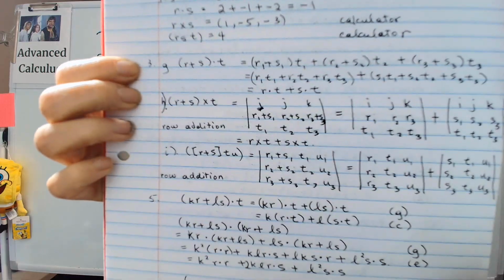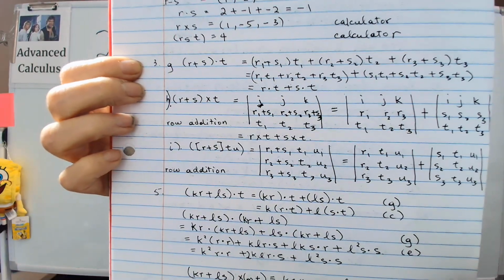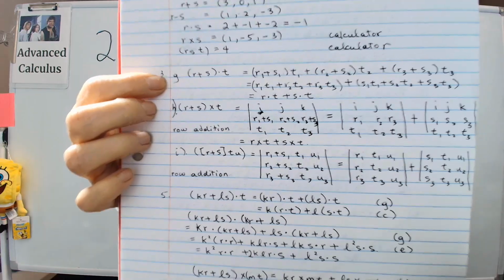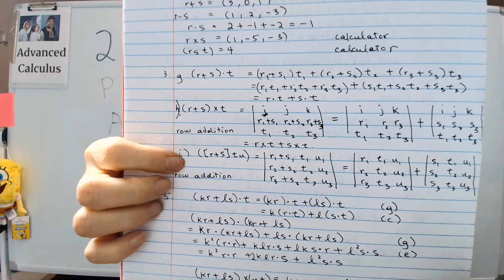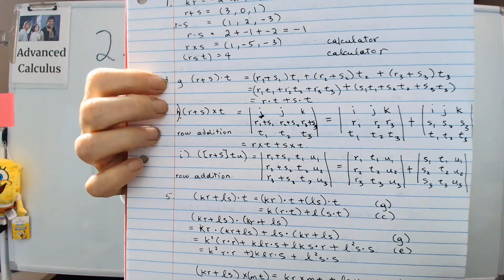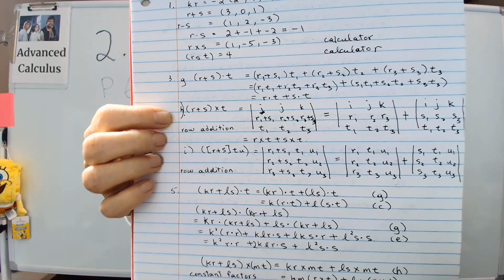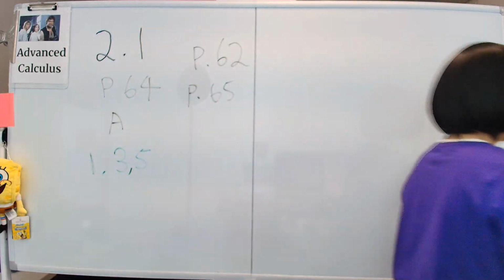So next, let's look at problem 3. We're supposed to prove properties G, H, and I. So I did that. G was pretty straightforward. For H, we just need the condition I showed earlier.